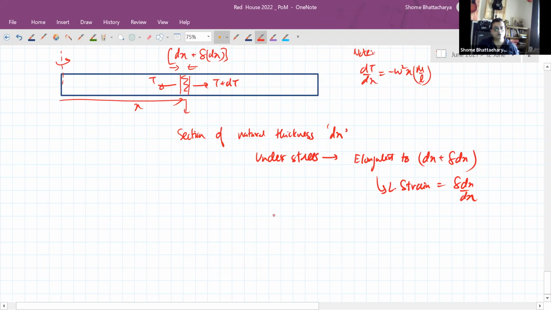So we apply Hooke's law, but before that, this. So stress upon strain is equal to Young's modulus.